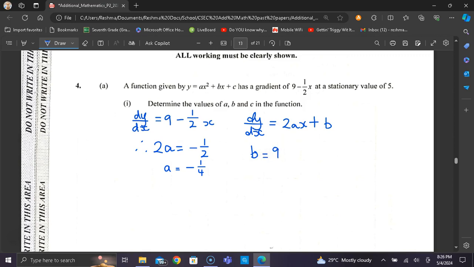So all we're left to do now is to find the value of c, and in order to do that we need to find the x value at the stationary point. We know that at the stationary point dy dx is equal to 0.